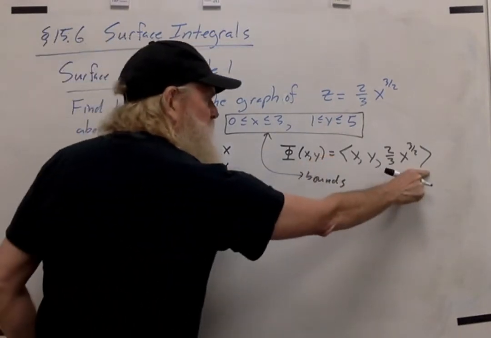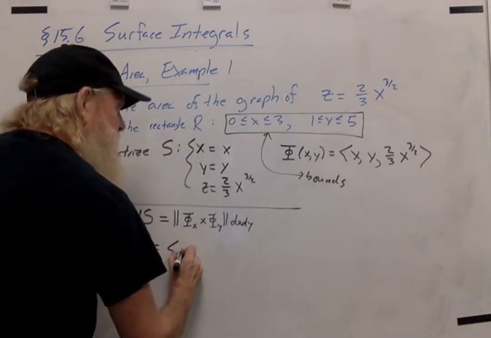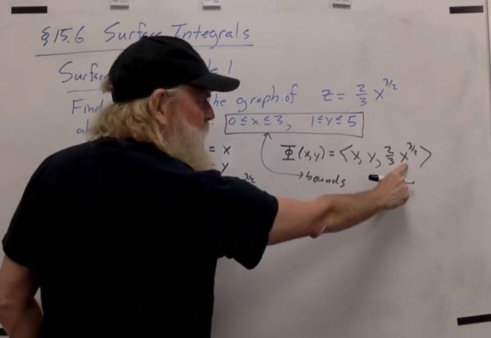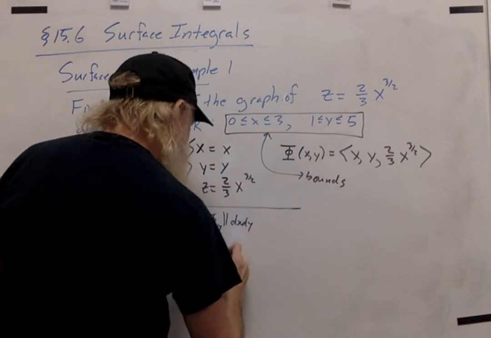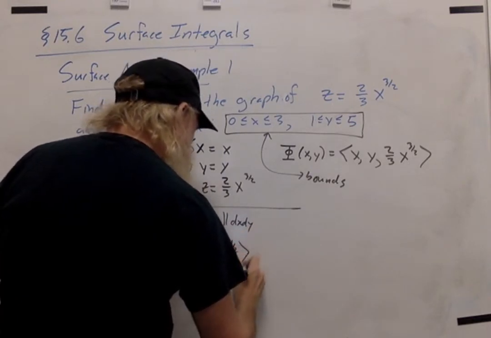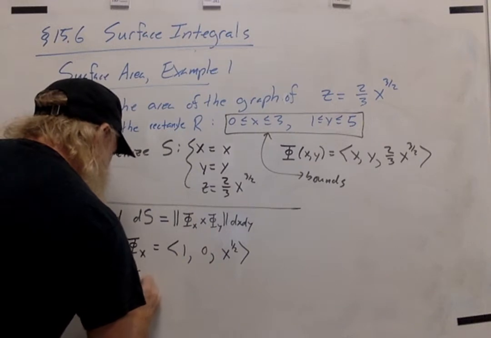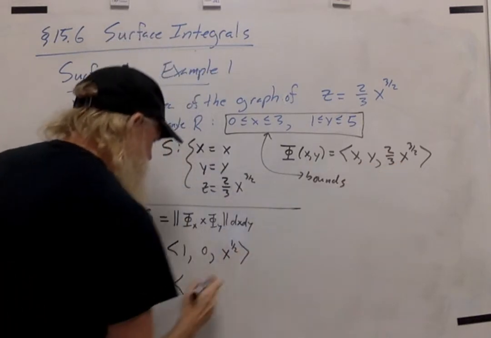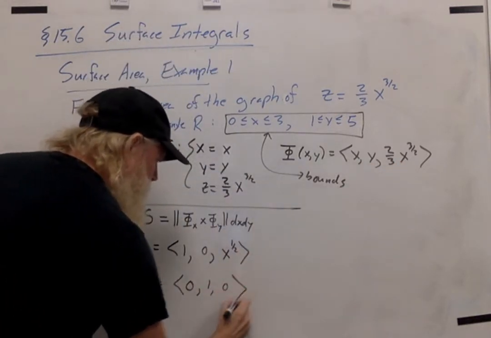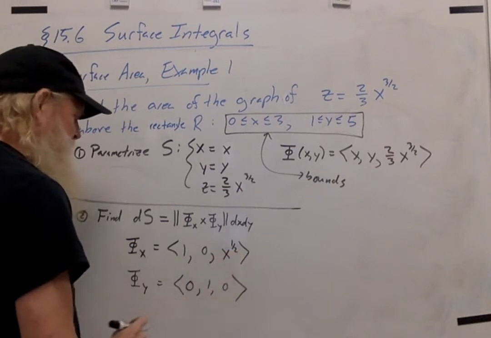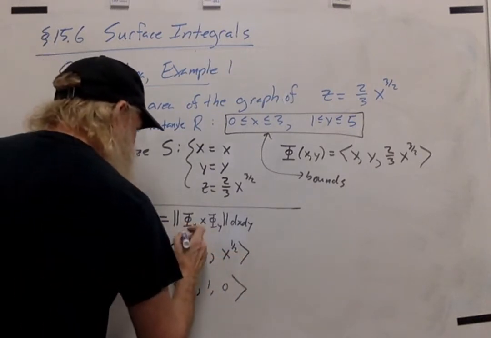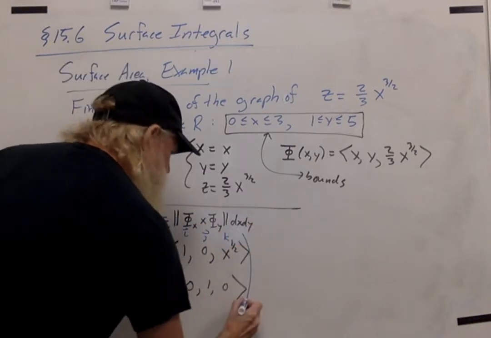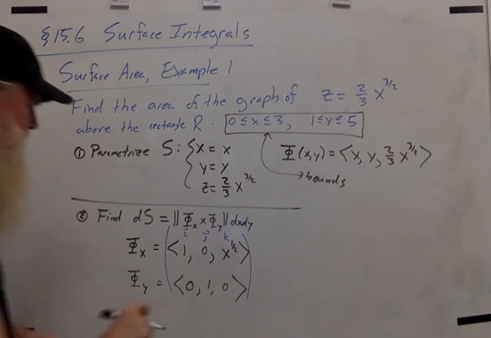The derivative of the parameterization with respect to x is going to be 1, 0. Using the power rule here, I'll get 1x to the 1/2 power. The derivative of the parameterization with respect to y is 0, 1, 0. So now we need to take the cross product, and we save a little bit of space by just writing i, j, k. And then I need to take the determinant of this matrix.